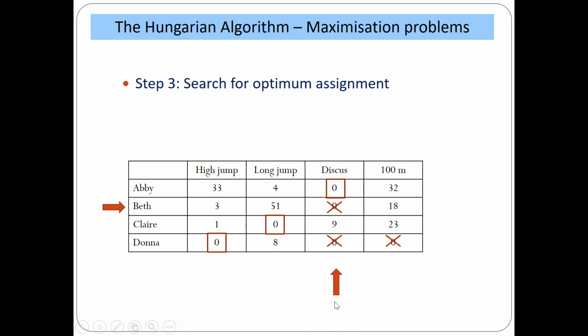In the marked column, we have to look for any assigned 0. If there is any assigned 0, we have to mark the particular row like this. After marking the row, we have to look for any other zeros in the corresponding row. We don't have any other zeros except this. This is an already marked column. So we can just stop the procedure here. And we have to draw the lines only through unmarked rows and marked column like this.